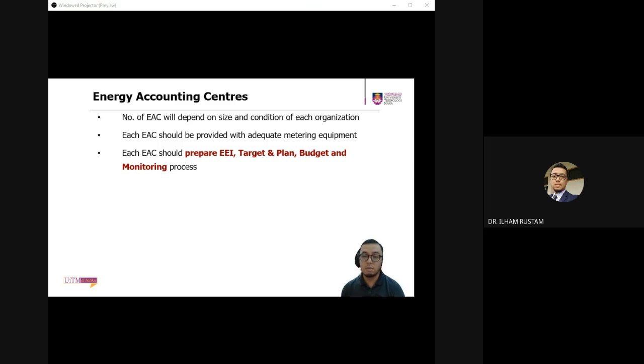Ini memang tak di-covered by any kind of energy service providers or energy efficiency management company, the company that provides the contract yang kita ada cakap minggu lepas. Saya lupa apa nama company. So there are actually some budgets that you can gain from them, but typically before you can call them in, you need to have your own budget.